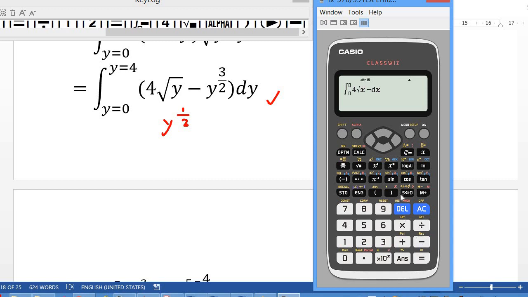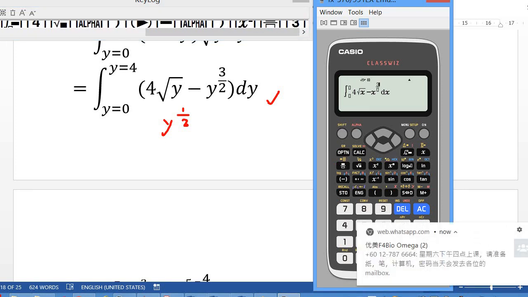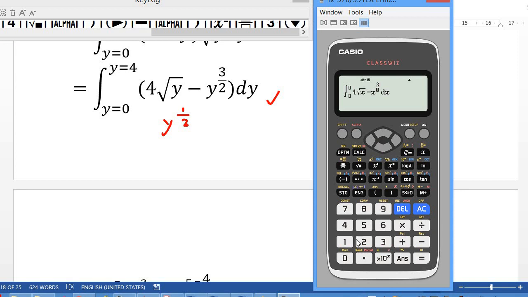And then minus alpha x power 3 over 2, integrate from 0 to 4.